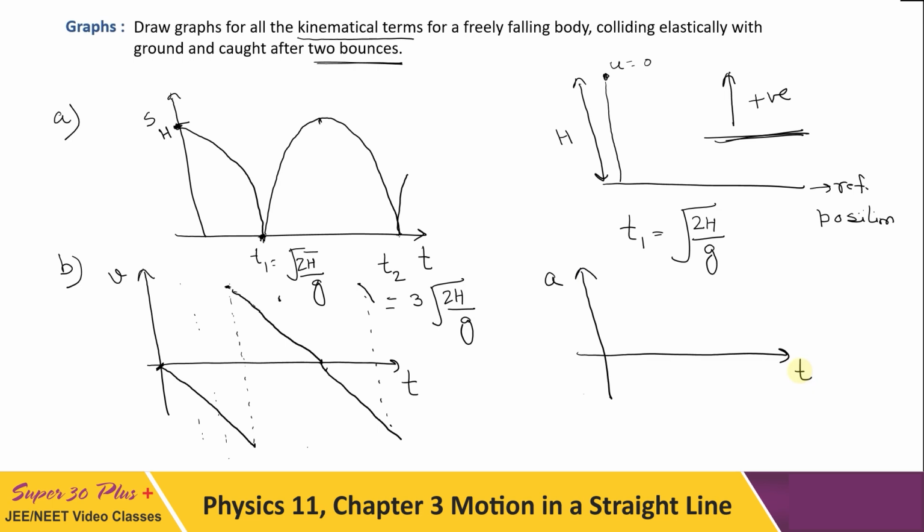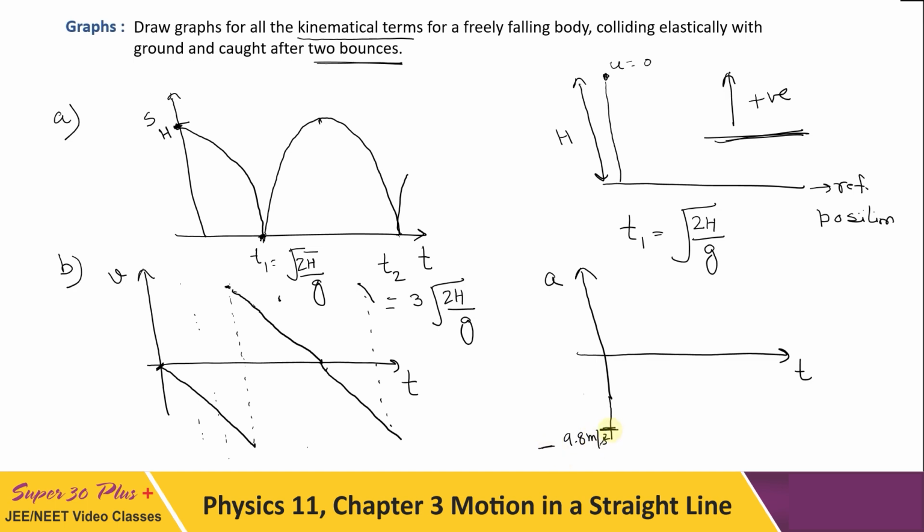Is acceleration changing during the motion of this ball? No, its value is constant, equal to acceleration due to gravity g, but its direction is negative. So here we have to draw in the negative, its magnitude being 9.8 meter per second square, with a minus sign.